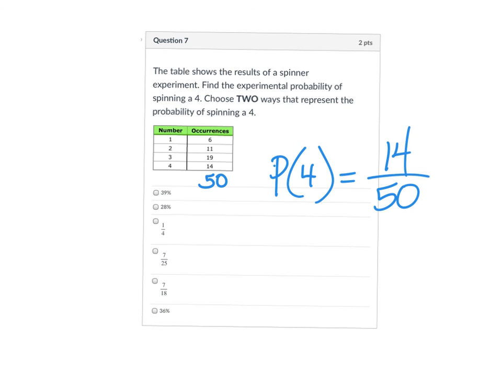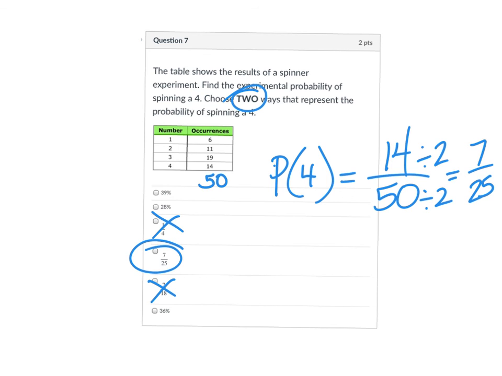Now I look at my options and I don't see 14/50ths, so that tells me I should simplify. I'm going to divide by the greatest common factor of these two numbers, which is 2, and I get 7/25. I see that as an option, but I know I have to find 2. I can't simplify 7/25 anymore, so these other fractions are not going to be an option.